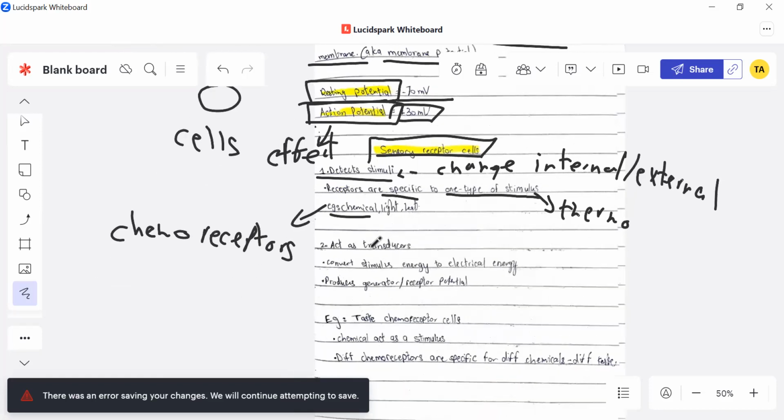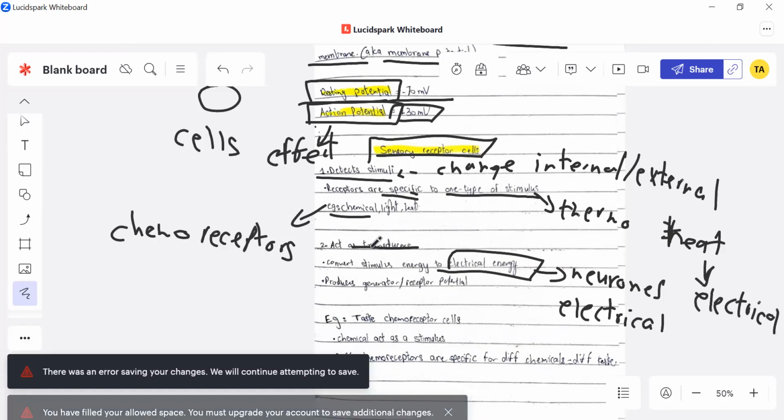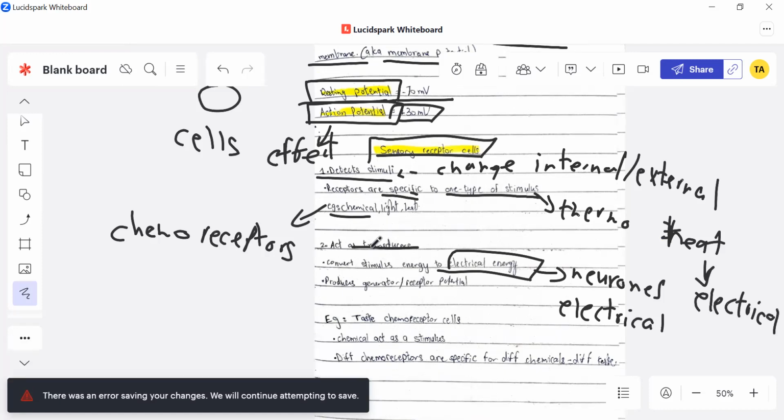Receptors act as transducers, meaning they can convert any type of energy into electrical energy, because neurons are only able to carry electrical charge. For example, if a thermoreceptor detects a stimulus, it would transfer heat energy into electrical energy, and this electrical energy will then be carried to the neurons.